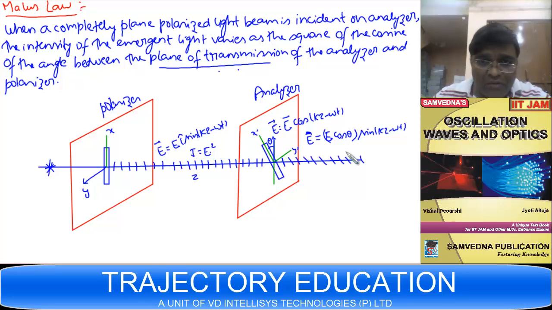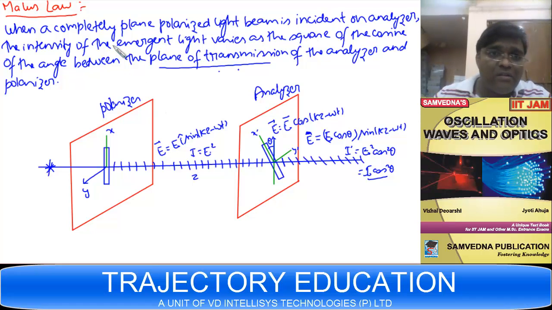So the intensity here is E naught cos square theta. If the incident intensity is I naught and the intensity coming out of the analyzer is I dash, then I dash equals I naught cos square theta.